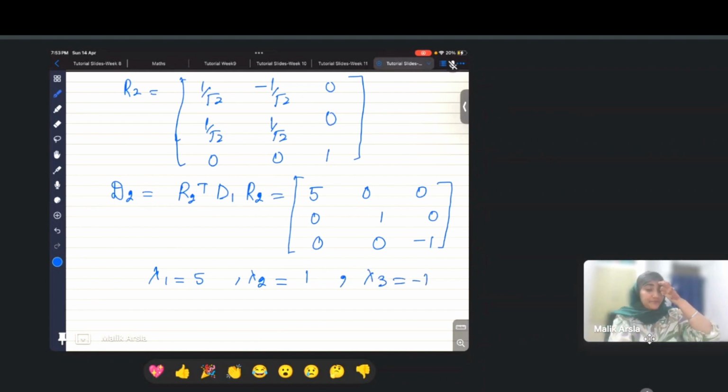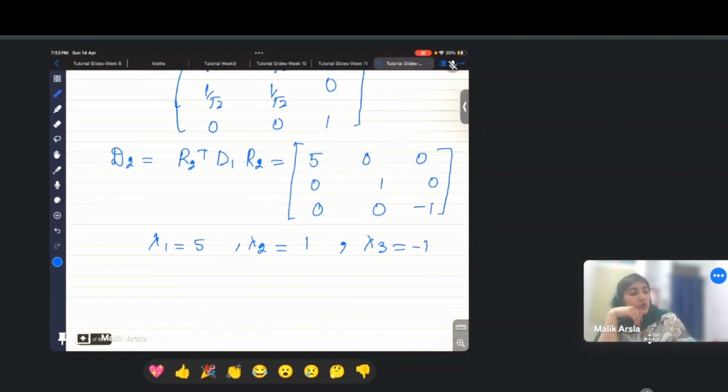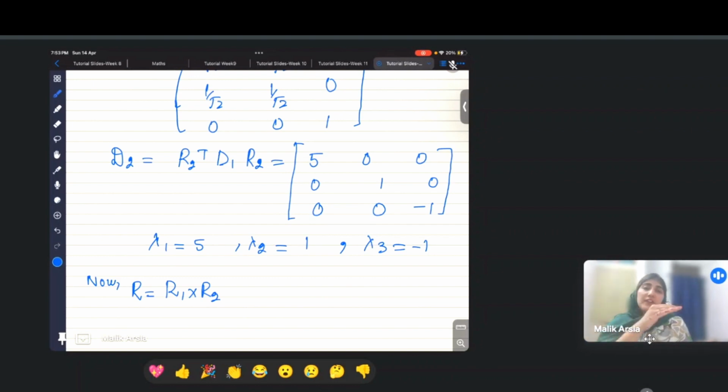Now how to find the eigenvectors corresponding to these? You have to simply calculate R. R is what? Your R1 into R2. If you had reached up to 5 iterations, then you would have to do R1 into R2 into R3 into R4 into R5.